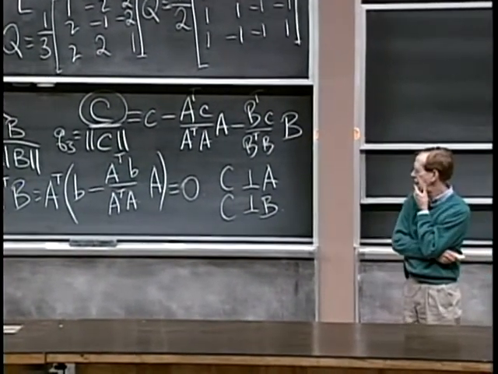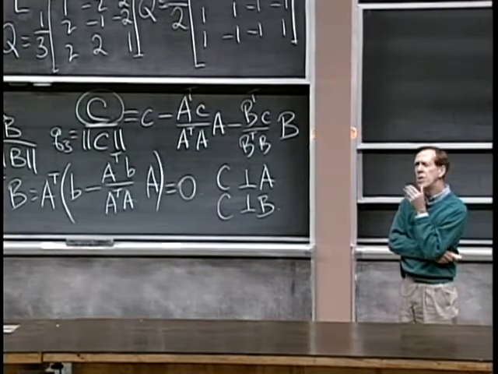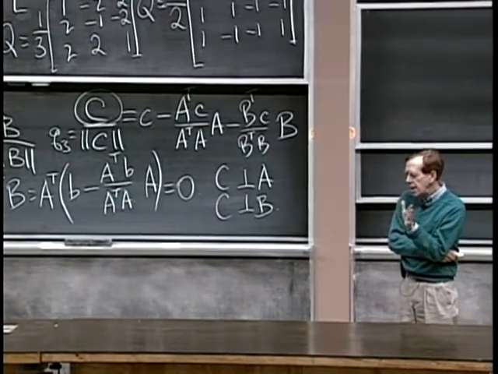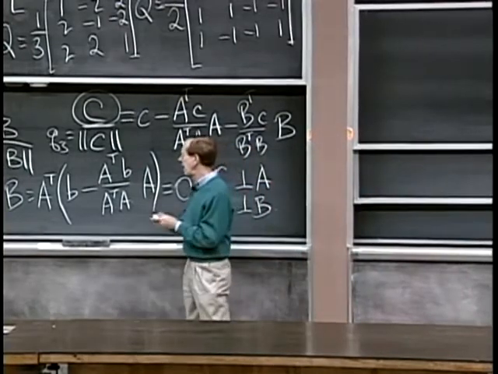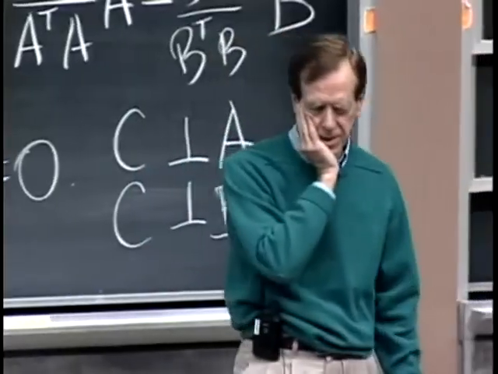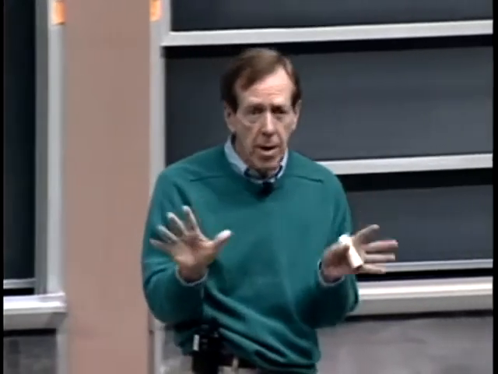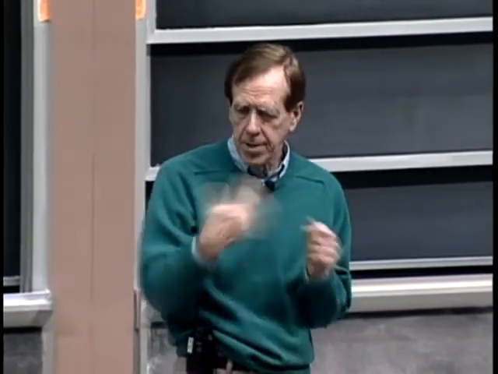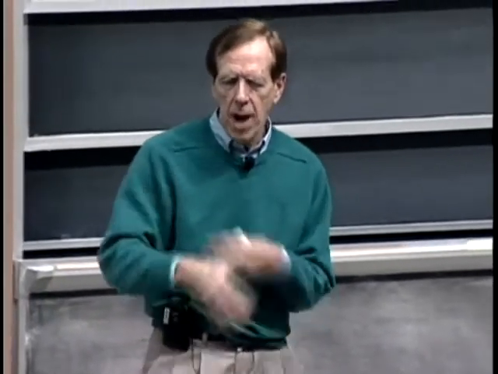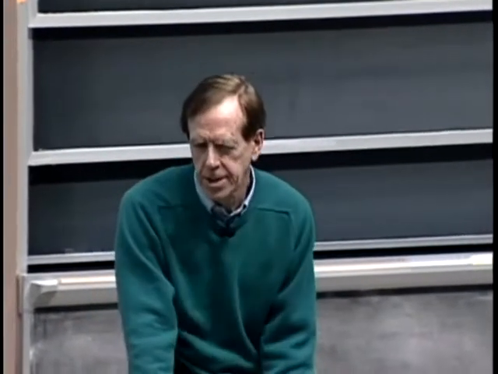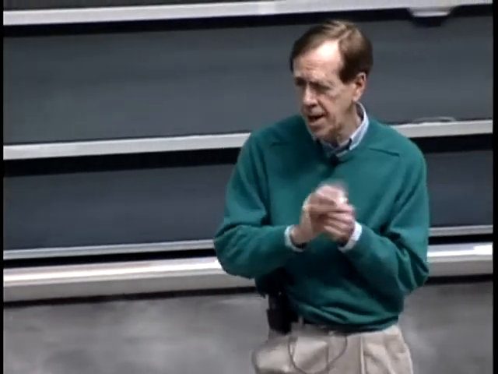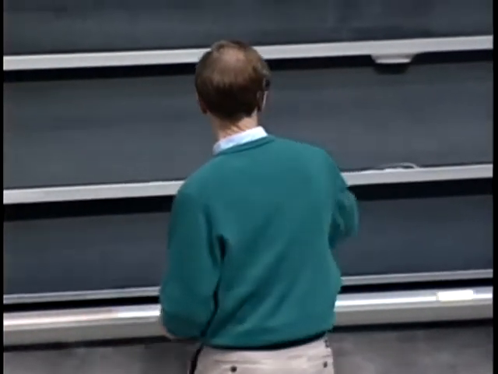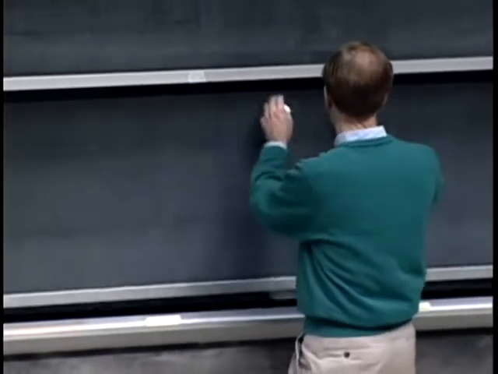Okay. Let me do an example. I'll make my life easy and just take two vectors. Let me do a numerical example. I'll give you two vectors, you give me back the Graham-Schmidt orthonormal basis, and we'll see how to express that in matrix form.